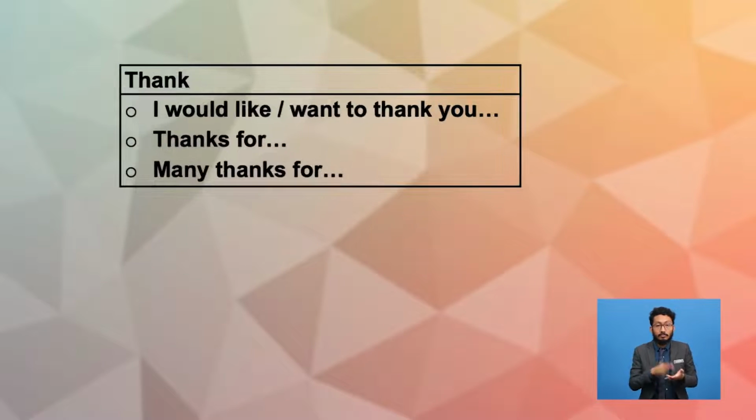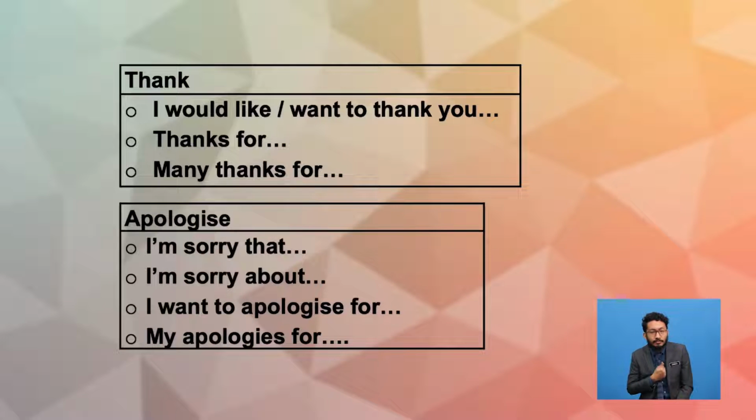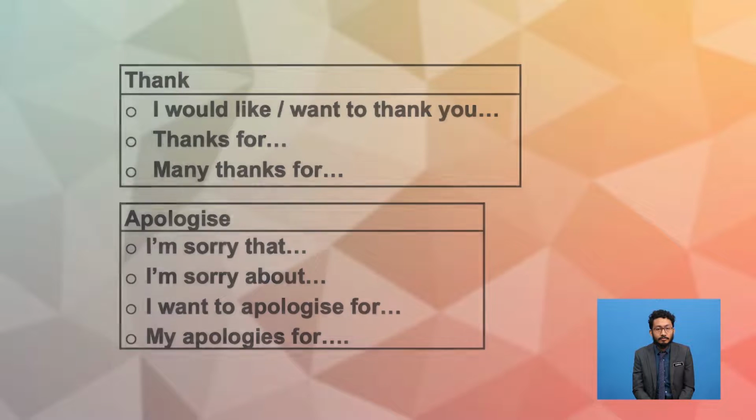Here's some of the examples. To thank: I would like or I want to thank you. Thanks for. Many thanks for. To apologize: I'm sorry, Dad. I'm sorry about. I want to apologize for. My apologies for.